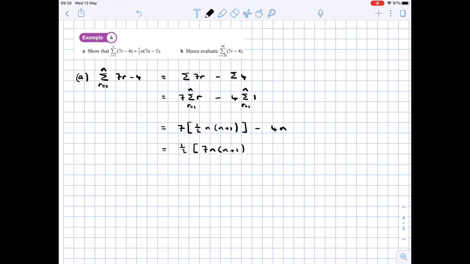And if I look at the 4n, let's make that an 8, then that means we can bring it inside and half is common. So just checking that, a half times that gives me this, and a half times the 8n gives me the 4n. So we have a half, 7n squared plus 7n minus 8n, which simplifies to, which factorizes to give us our answer.